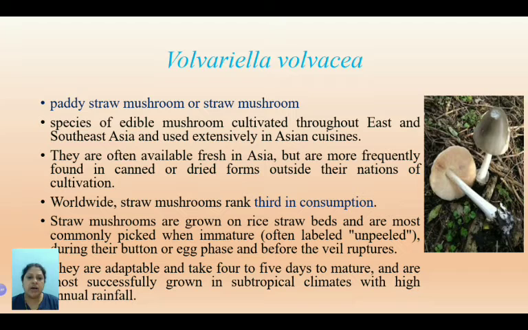That is called the bud or button stage, or the egg phase, before the veil opens, we collect it. Then, you can keep it for more than 4 to 5 days to mature, and it is most successfully grown in tropical and subtropical climates with high annual rainfall. So this is about the Volvariella volvacea, and it is very small in size.